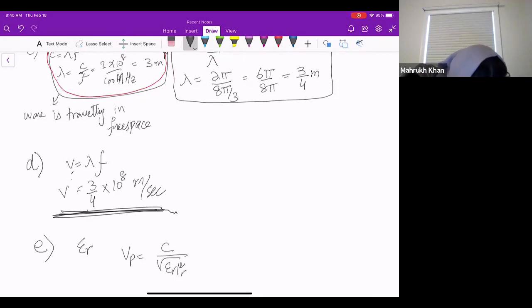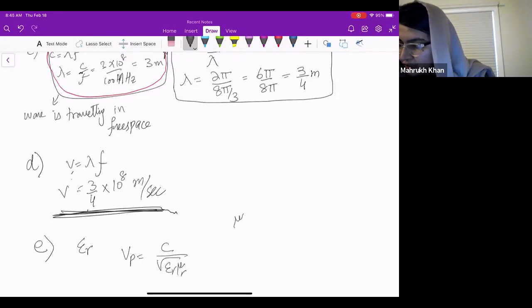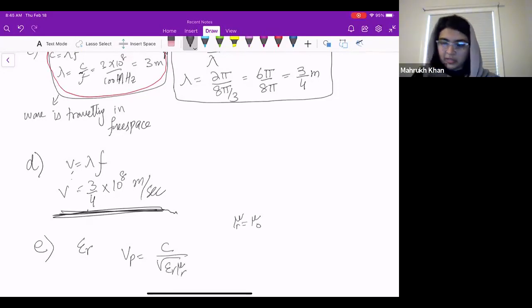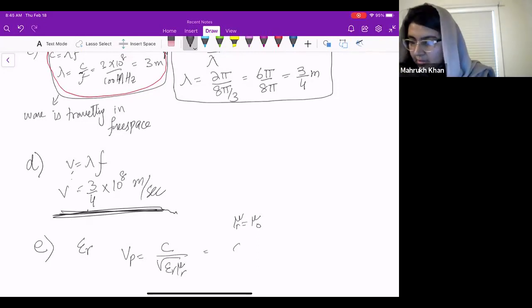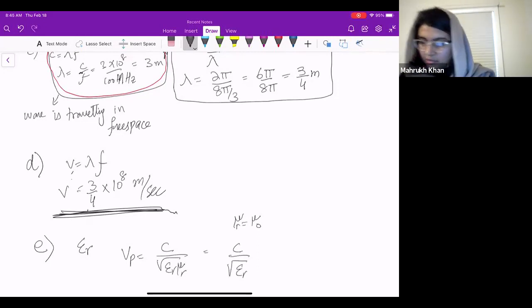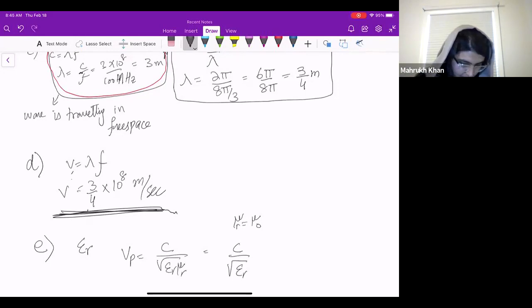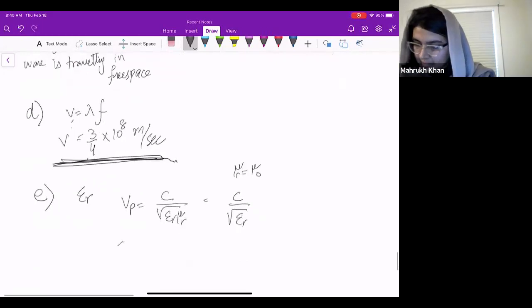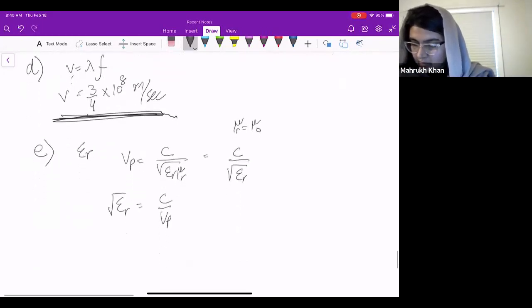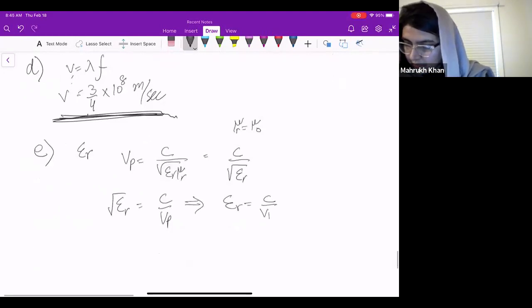Let me see. Yeah, so that's fine. Because they have mentioned that your mu is mu naught, mu r is mu naught, which means that it's not a magnetic material. So my mu r is 1. And my formula is this, epsilon r equals (C over Vp) whole square.